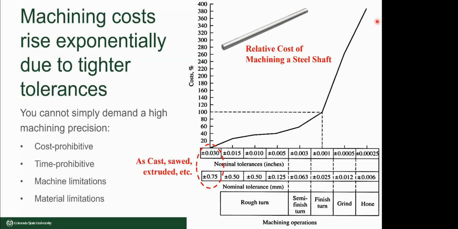So engineers must ask themselves, what is the loosest tolerance, the largest tolerance the shaft could have while still achieving the required functionality we need from the shaft? There's definitely a lot that goes into answering that question, and I'll talk to you about that a little bit later in the lesson.